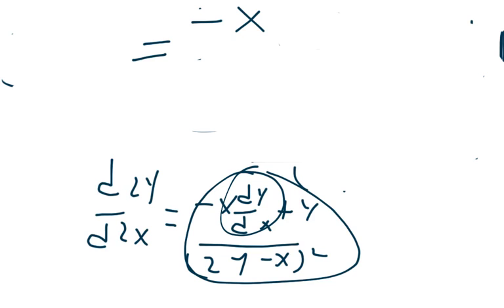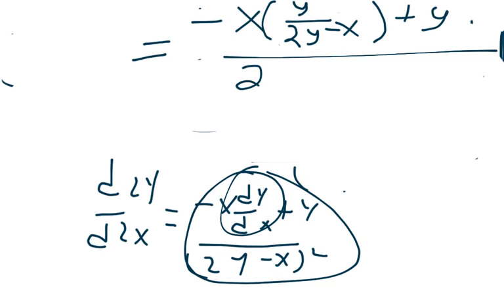You can actually plug in y over 2y minus x, because that's what we proved earlier, plus y, all over 2y minus x squared. And that is our final answer. You could simplify it further, but for this video, we're just going to leave it like that.